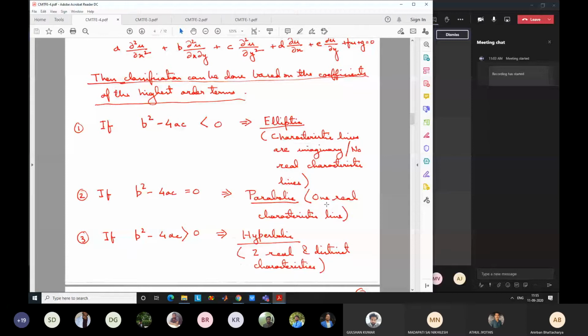In the case of parabolic, you mean characteristic line is something like a directrix? A parabola is a locus of points which are equidistant from a focus and a directrix. I am not sure about that, so you have to check, or I have to check.